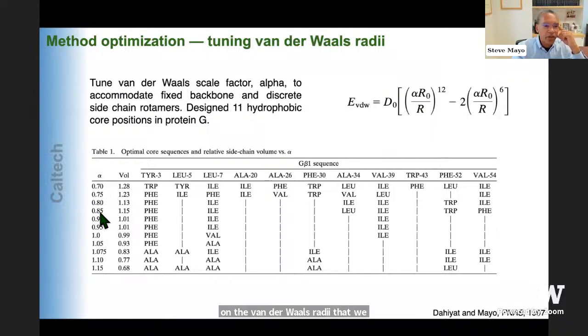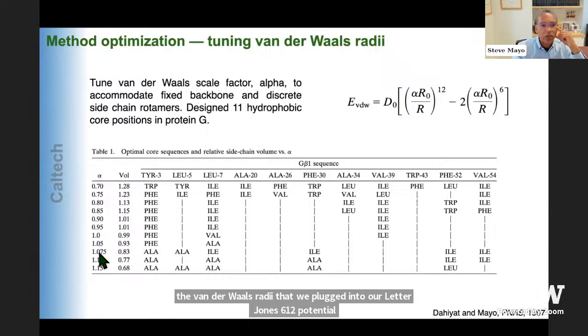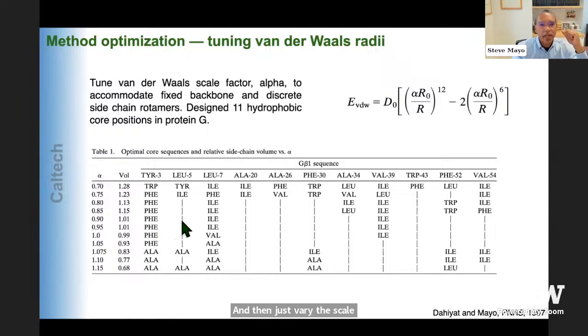And then we just varied the scale factor and looked at various design results for designing the core of protein G. And then you can see here that, as you decrease the scale factor, the core volume relative to wild type protein G increases. If you have a scale factor above 1, the relative core volume decreases.